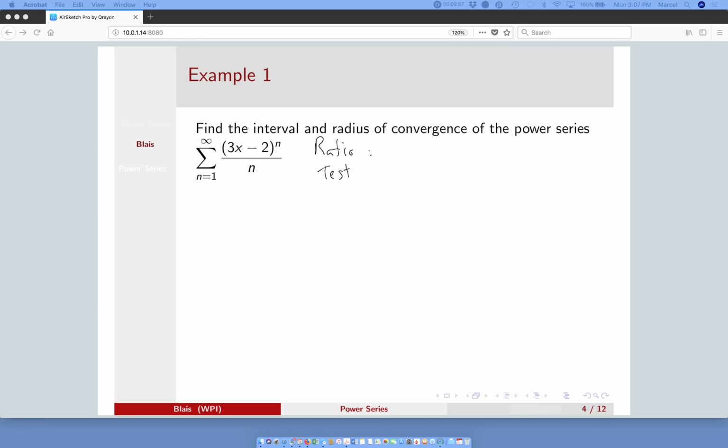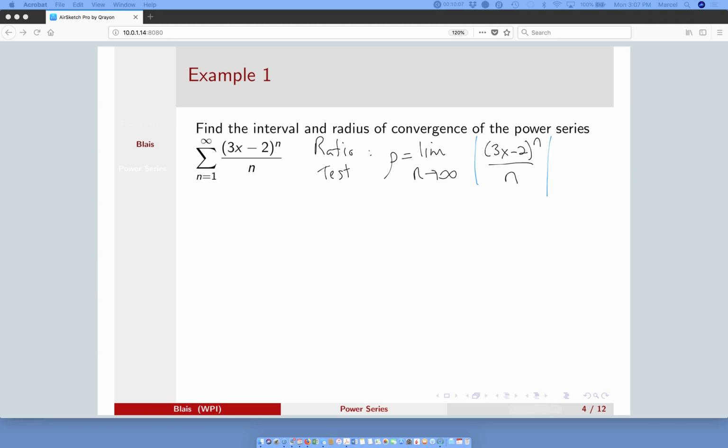And it's very important to always remember, this is a very common mistake, is people will write this without absolute values. The reason that's a mistake is that we're doing an absolute convergence test, and so you always need those absolute values. If you forget the absolute value signs, you get into trouble with this type of question.